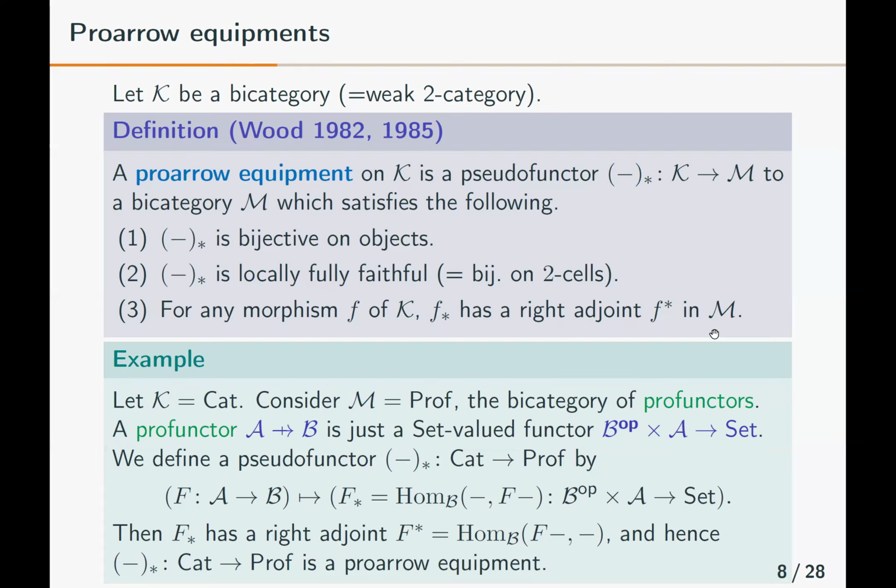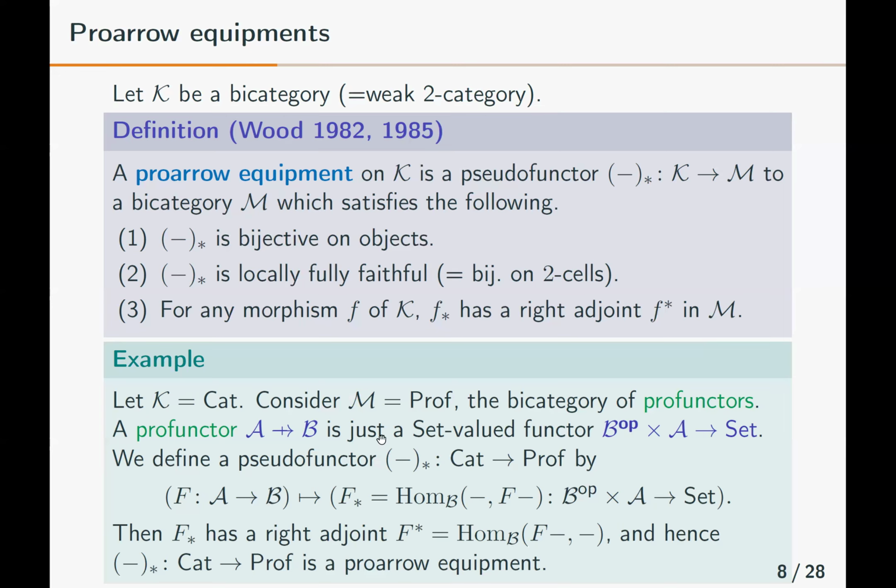The standard example is the proarrow equipment of categories. Take K as the 2-category of categories, Cat, and M as Prof, the bicategory of profunctors.